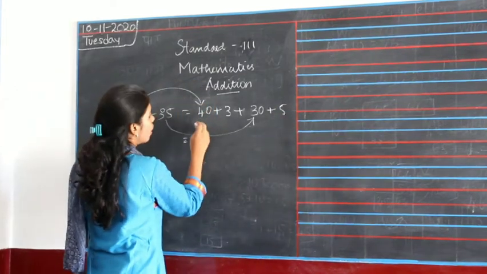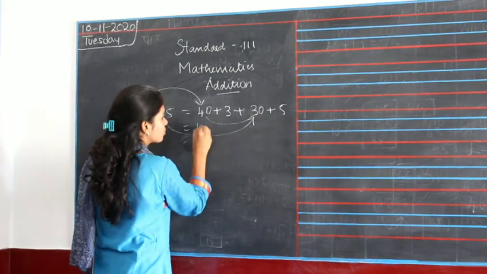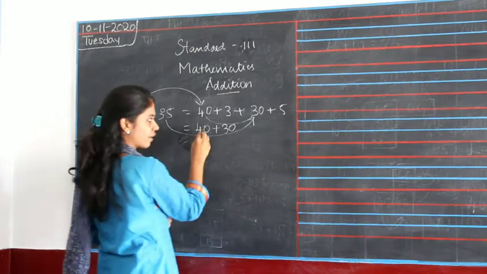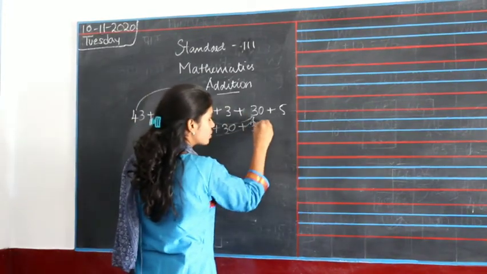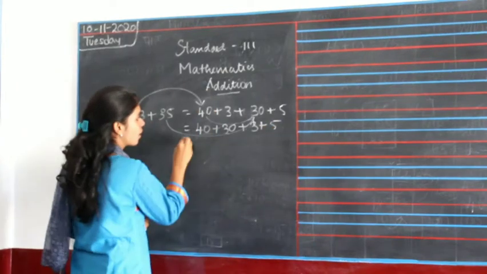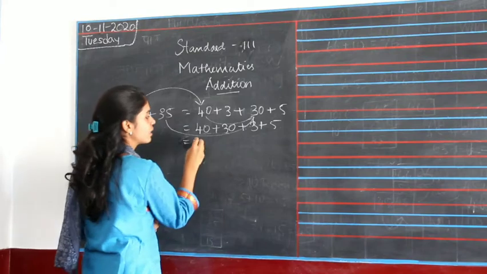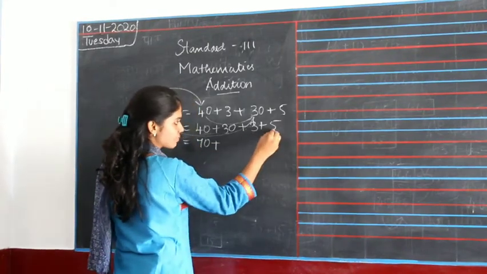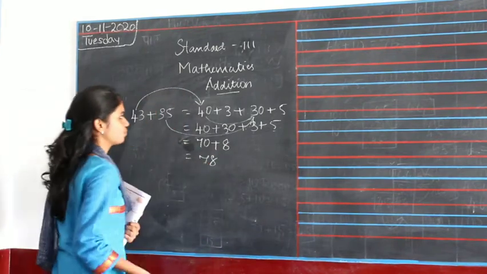Now 40 and 30, they are tens, so we are writing them together, and then units, 3 units plus 5 units. We will be getting 40 plus 30 will be 70 and 3 plus 5 will be 8. We will be having 78.